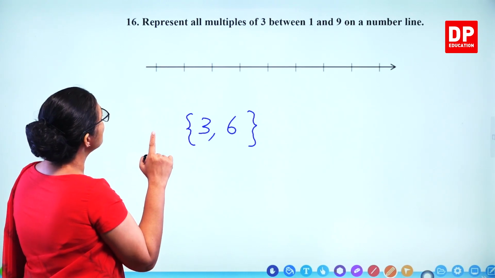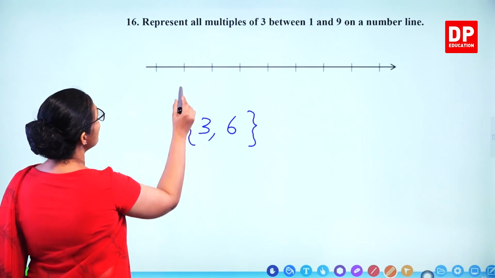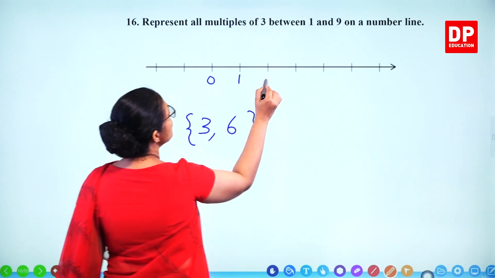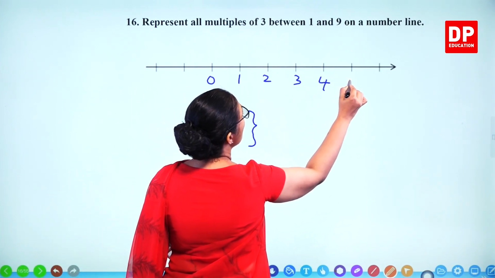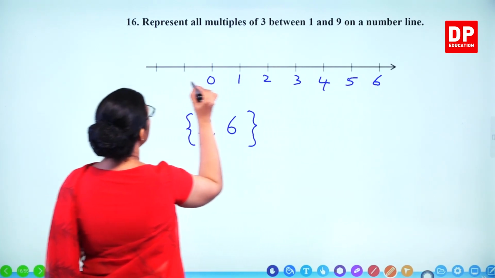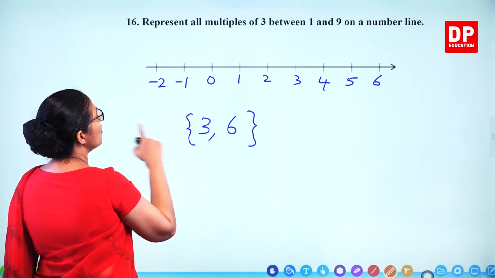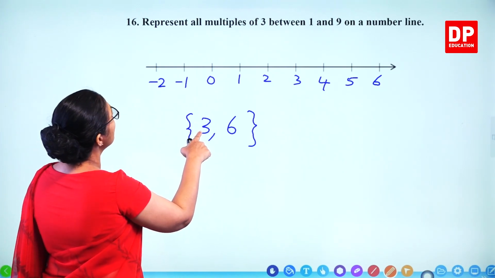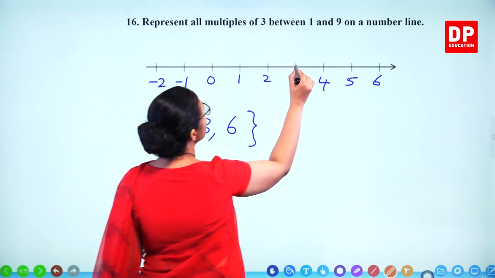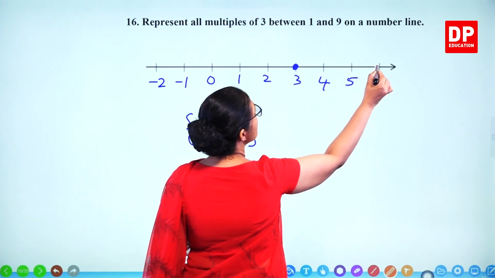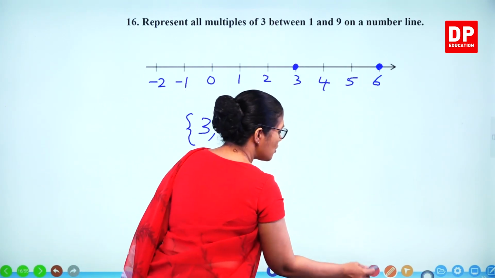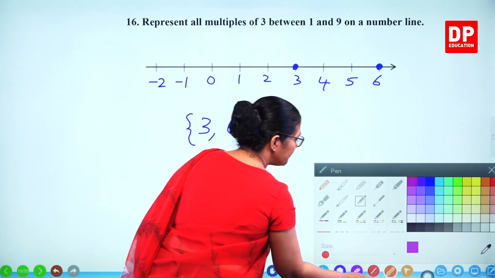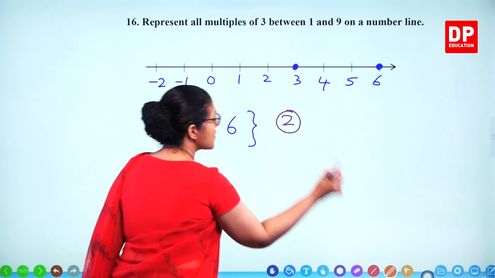So we'll take 1, 2, 3, 4, 5, 6. So 0, 1, 2, 3, 4, 5, 6 and -1, -2. So 3 you can write and 6. Those are the 2 numbers. 2 marks.